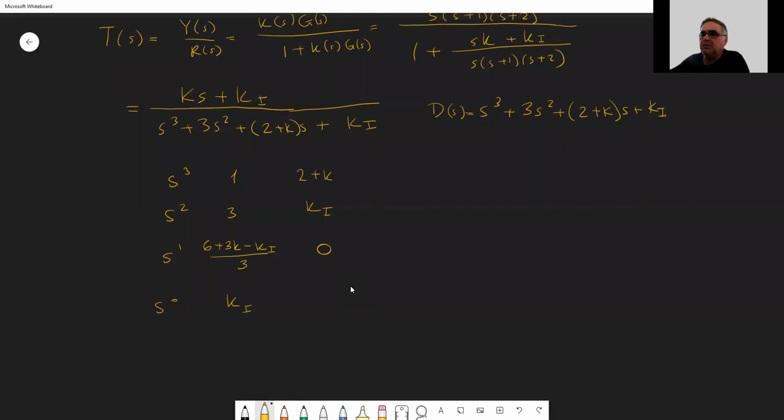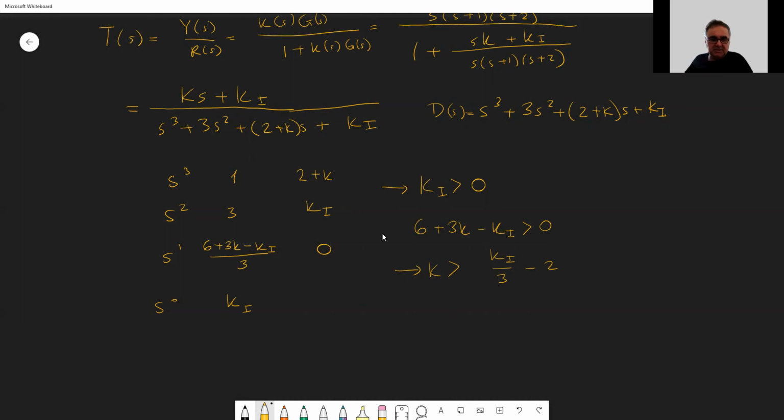So all the terms should be greater than 0, which means that Ki should be greater than 0, definitely, which we could find by the Hurwitz test as well. And also 6 plus 3K minus Ki should be greater than 0, from which K should be greater than Ki over 3 minus 2. So these are the two conditions.